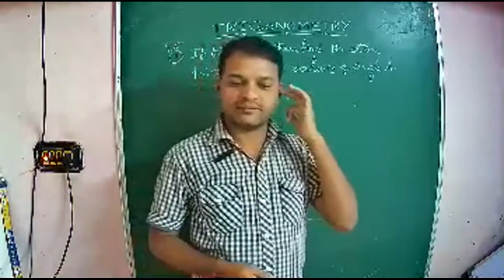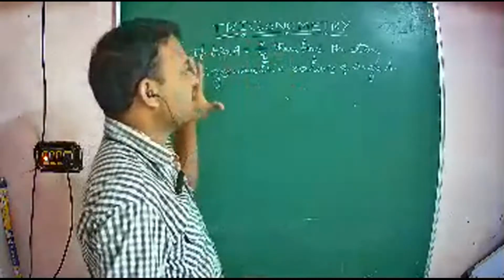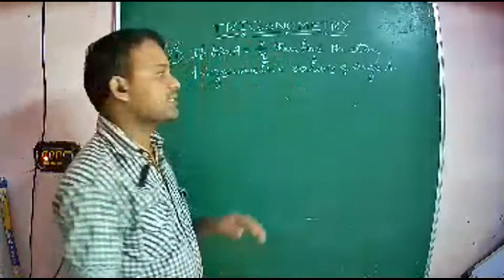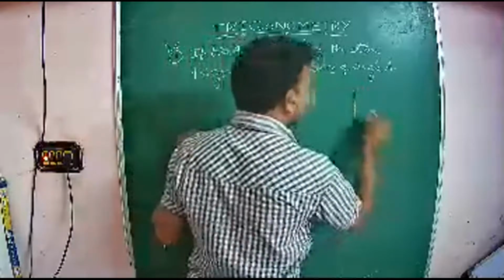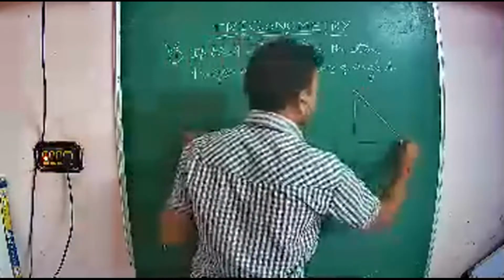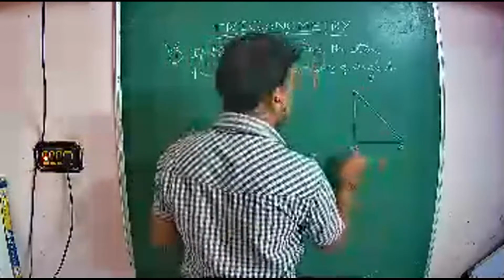Okay, using this question, how do we solve it? First of all, you have to consider a right angle triangle ABC.